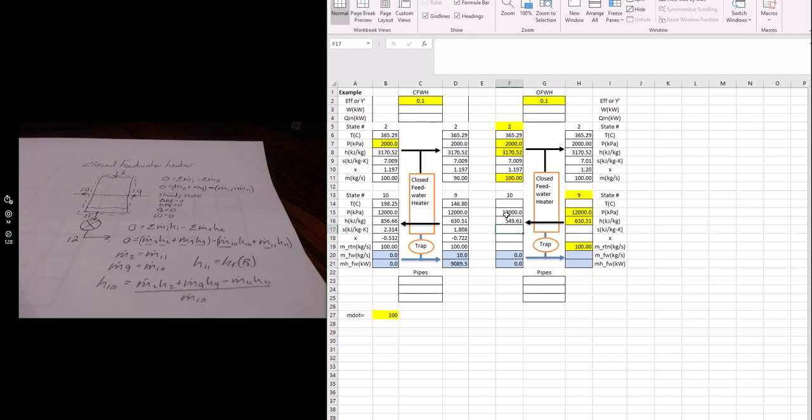Now, something's a little wrong there, so let me double check what I've got here. So I've got 10% of this flow. Let's just double click this. So 10% of that times the enthalpy.